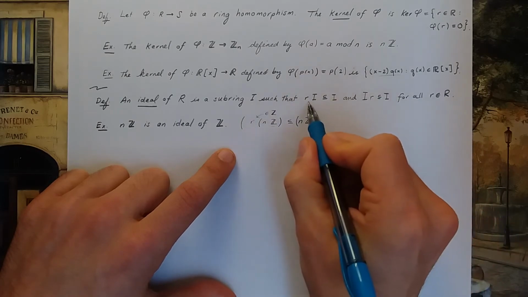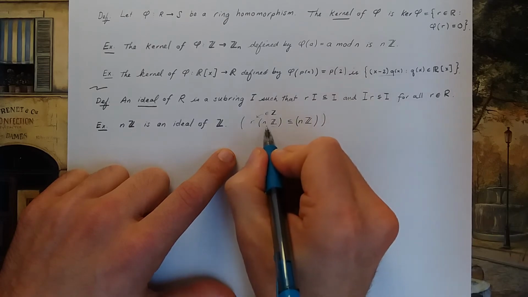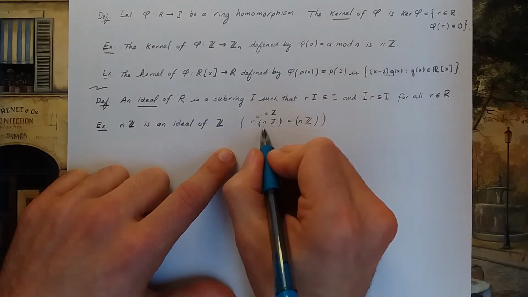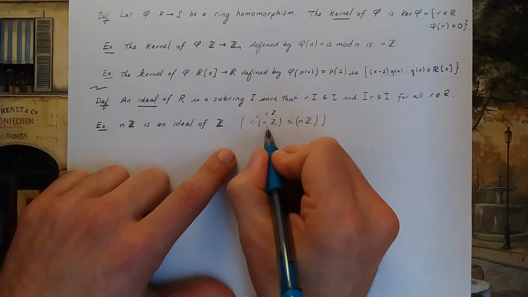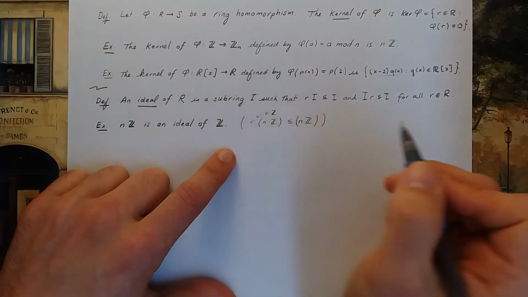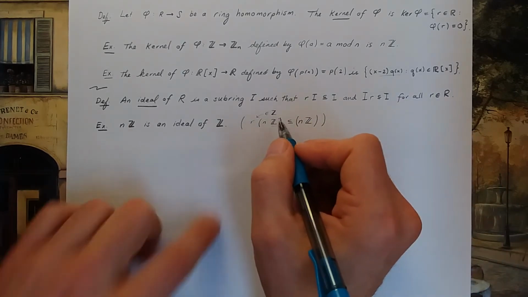So that verifies the first condition. And in this example, the ring is commutative. I could switch r and put it on the right. Doesn't matter. Multiplication of integers is commutative, so that actually verifies both conditions. So I have an ideal of Z.